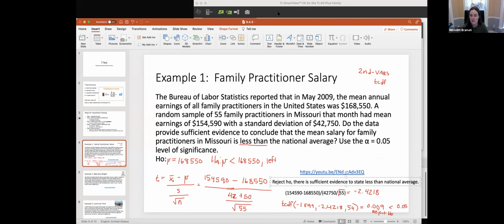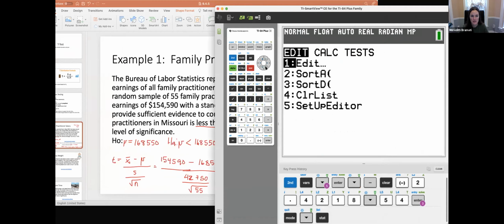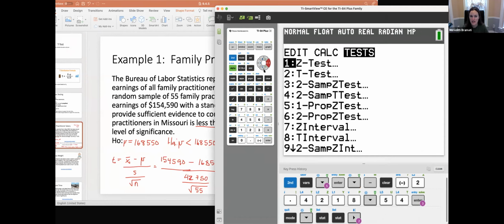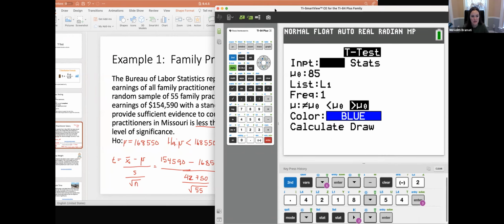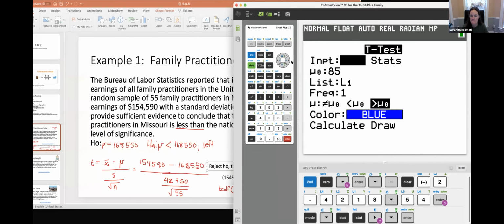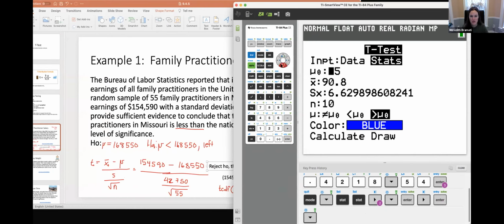Now, if I was using the calculator, hopefully we can see this information to the side of it, right? Let's go to stat, go to tests and go to the t-test. Do we have data that we're entering in? No. So we go to stats. What was our hypothesized mean? 168,550.